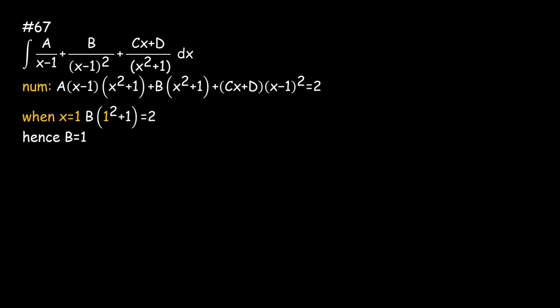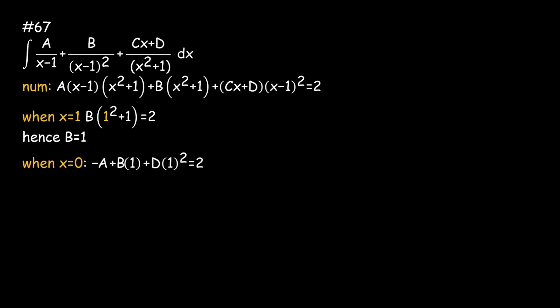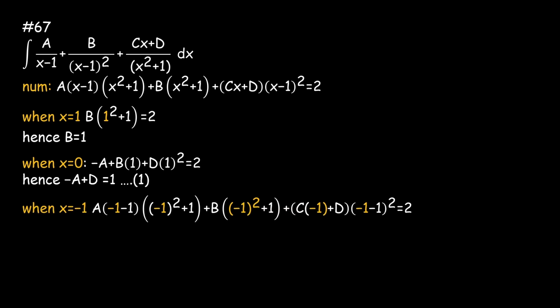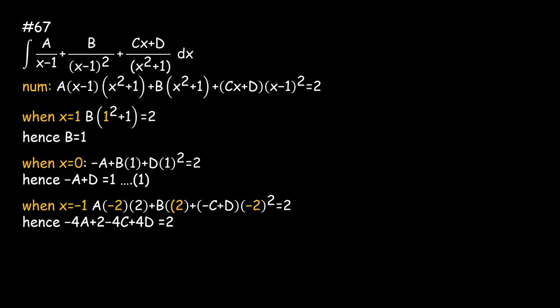We choose another value of x again, which is 0, simplify it. Then we should get negative a plus d equal to 1. Now we can choose another value of x. We can go with x being equal to negative 1. We simplify the equation, pardon me.